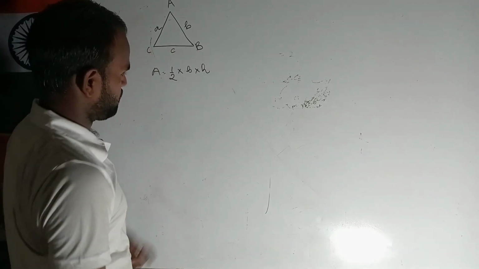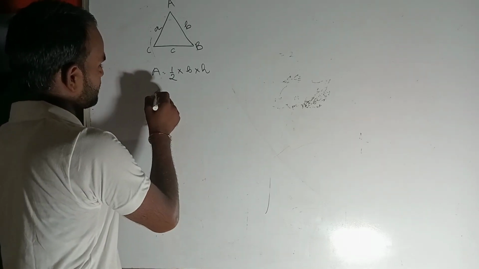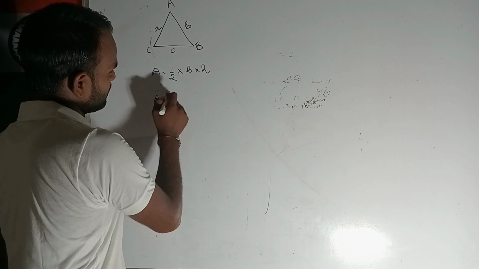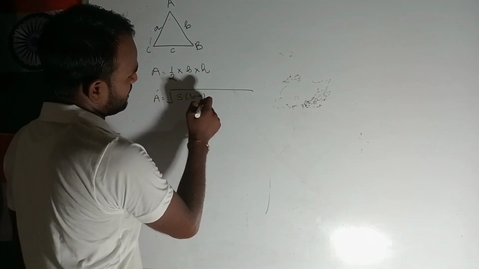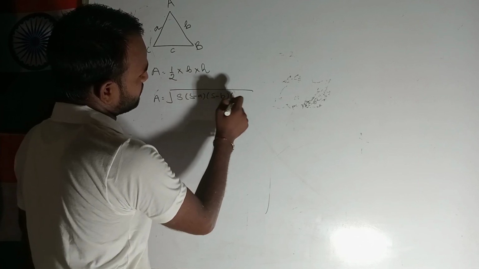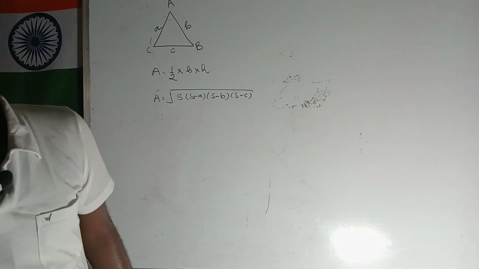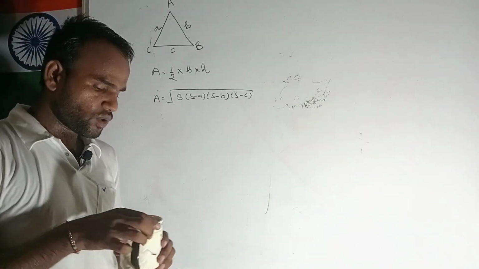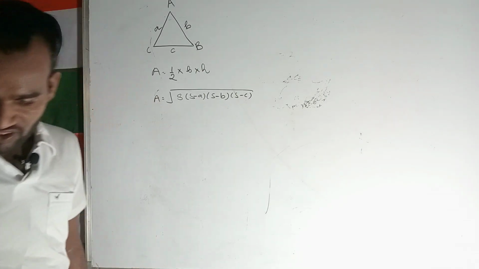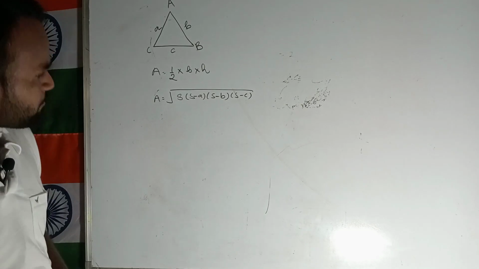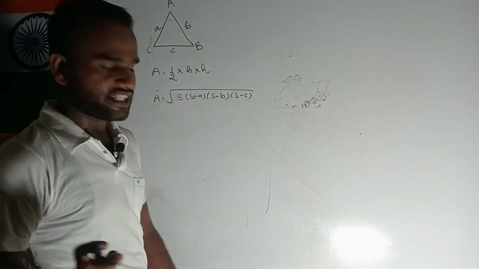But we should have a height, and I don't have a height, so we will use S. The area equals S under root, similarly as we learned in the 9th class, S minus A, S minus B, and S minus C. This is the area of your scalene triangle. So by using this formula we can find the area.